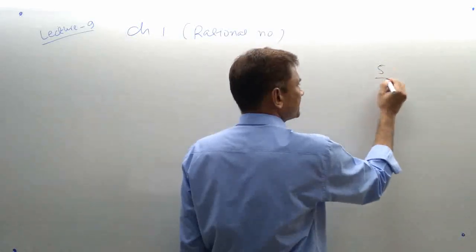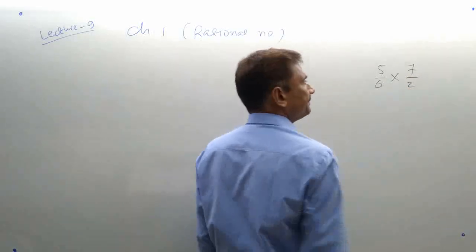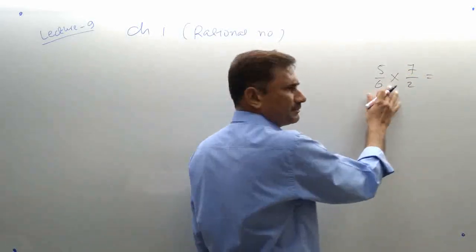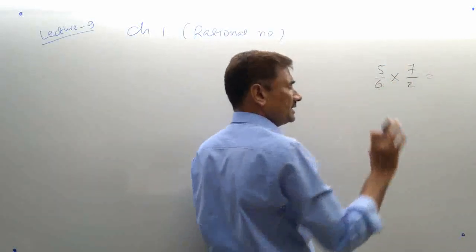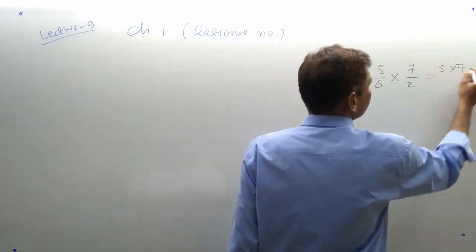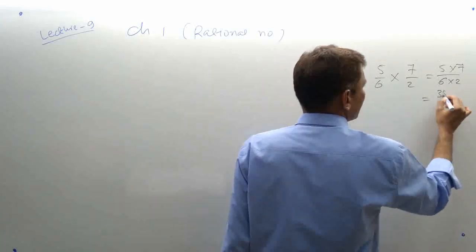Suppose 5 by 6 is there and 7 by 2 is there. So how to multiply? Here there is no need of taking LCM because it is not addition or subtraction. If cancelling is possible, you can cancel out. Otherwise just multiply 5 into 7 and 6 into 2. So obviously it will be 35 upon 12.